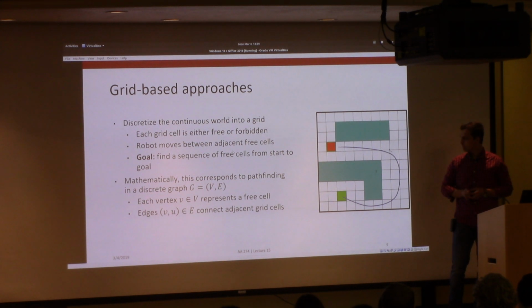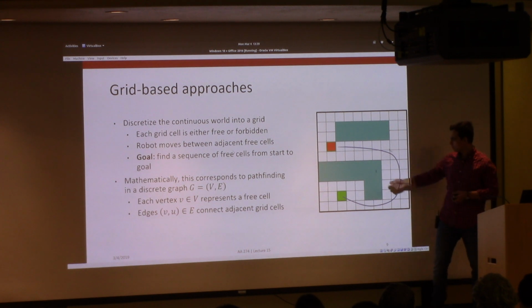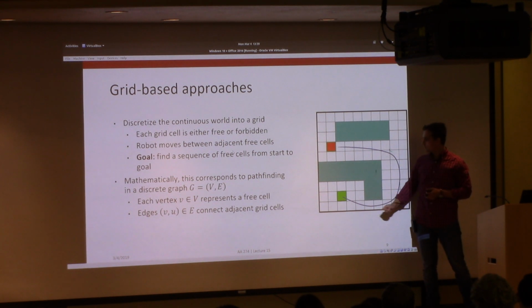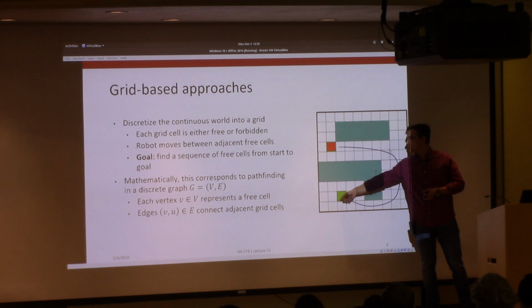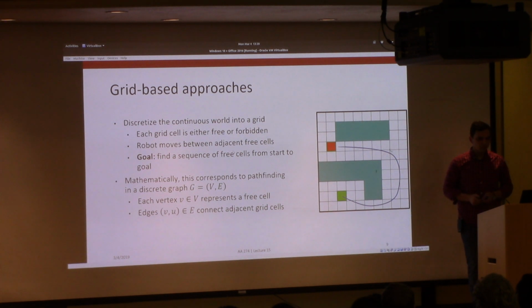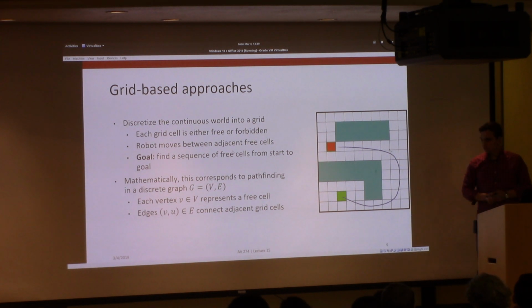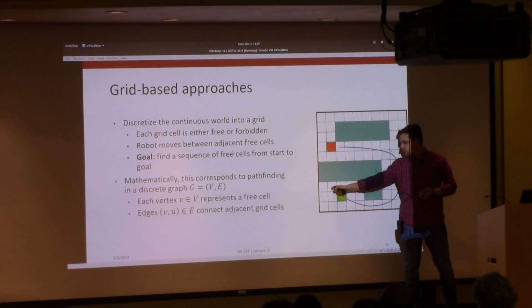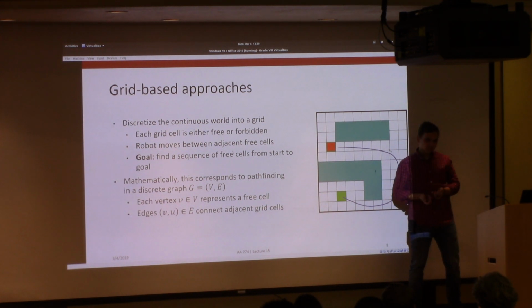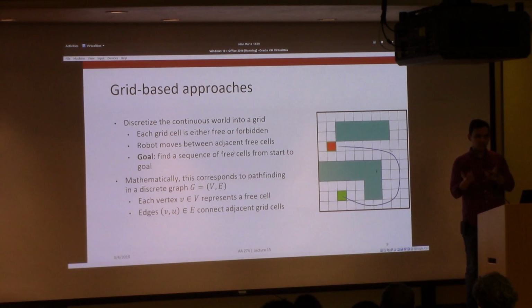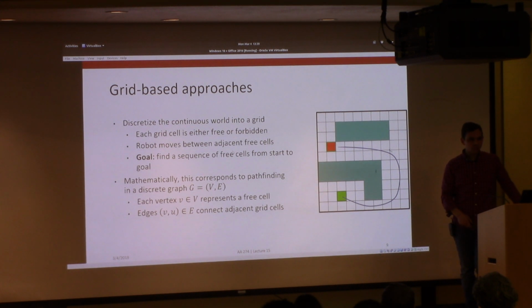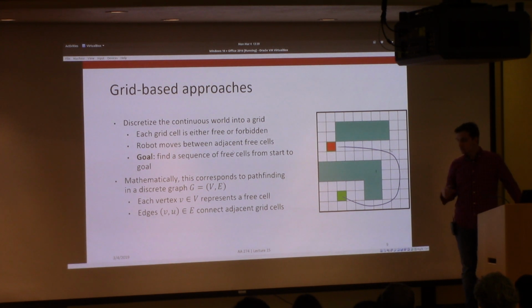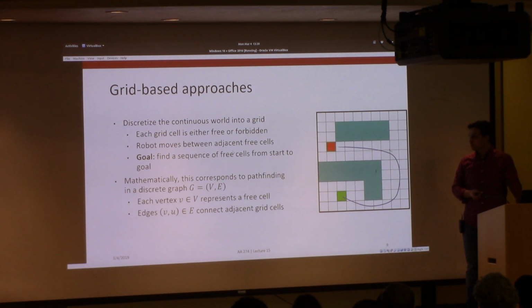Like in this example. So here we have forbidden grid cells, and the white ones and the green and the red represent free cells. We can move the robot from one cell to the adjacent cell, assuming that they are connected, and those 2 cells are free. So this is a discretized version of the problem.